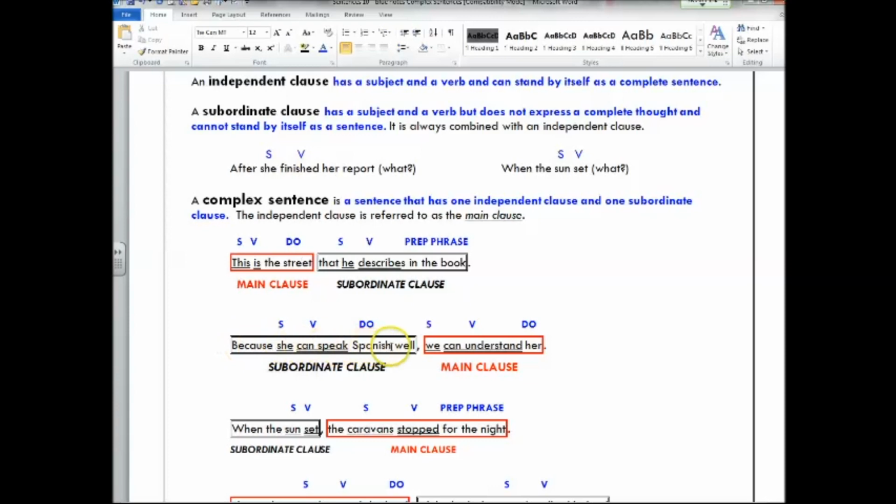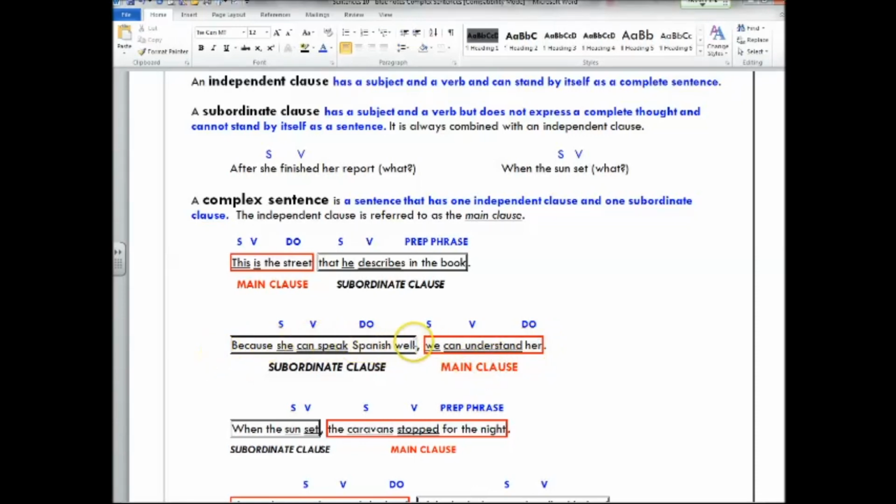Another example. Because she can speak Spanish well, we can understand her. Again, we can understand her is our main clause. The subject is we, can understand is your verb, helping verb, main verb. Her is your direct object. It can stand on its own as a complete sentence. We don't need this first piece here. We can understand her. It's a sentence. It's our main clause.